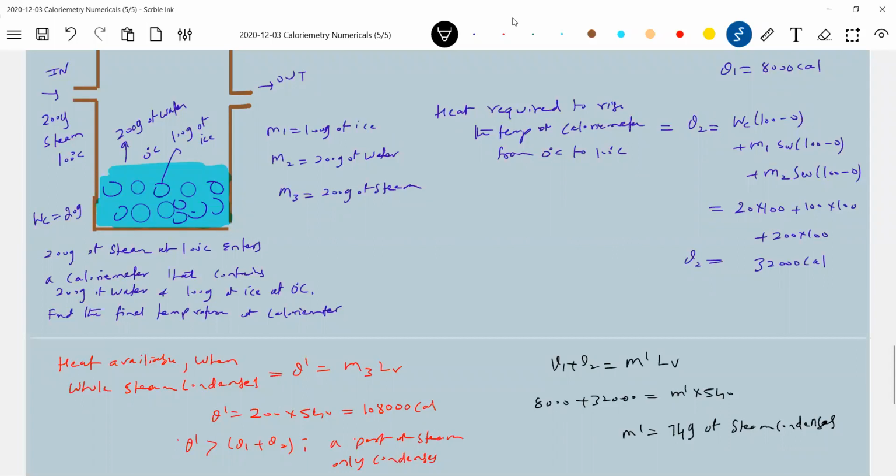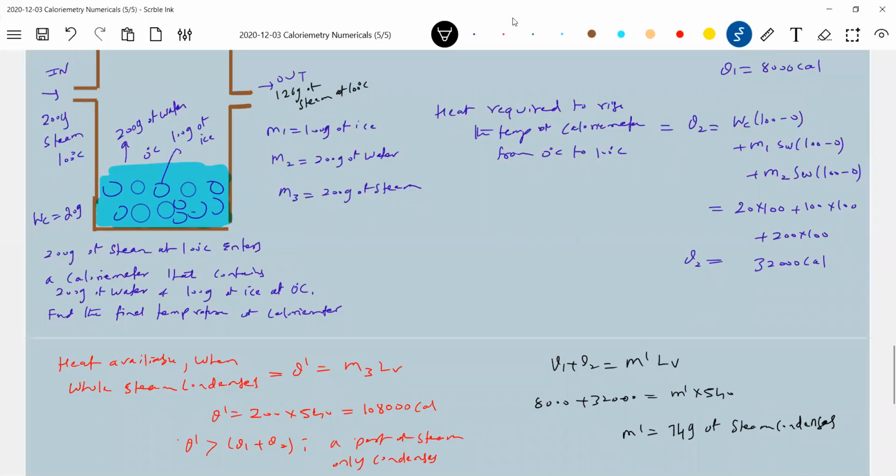Now, this 74 grams of steam condenses. So remaining, how much steam will go out? 126 grams of steam at 100 degrees will come out.